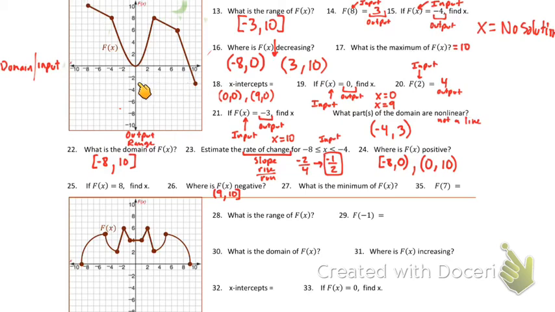And where does it cross on the range or output? That looks like it's -3. So my minimum of f of x is -3. And again, how do I know to use this line, the vertical line? Because it says f of x. f of x is my f of x line.